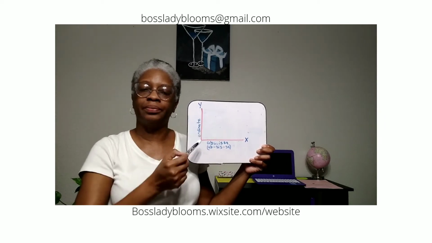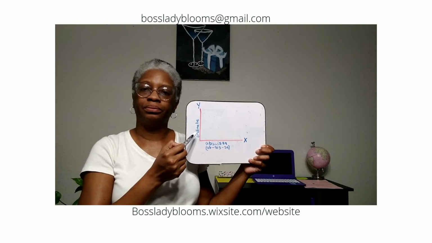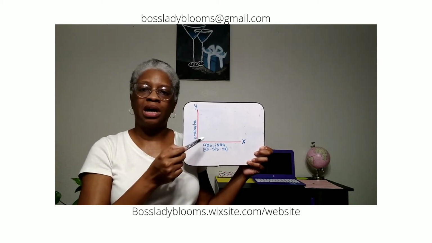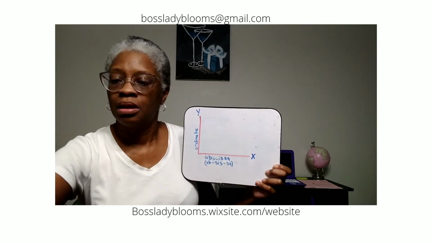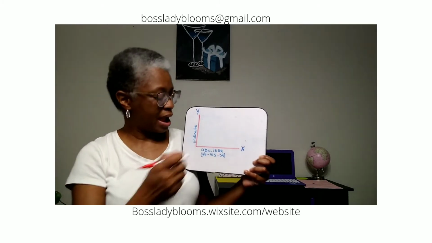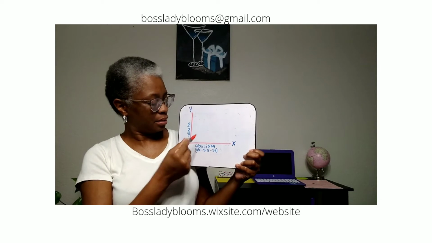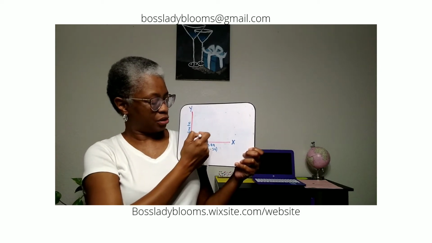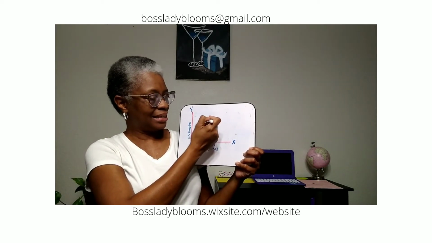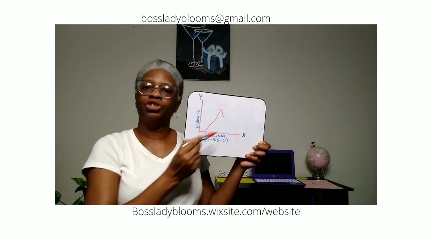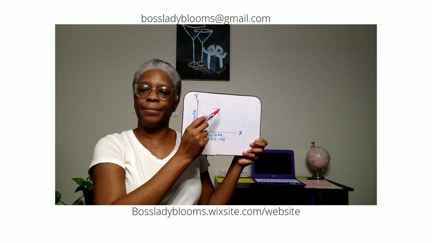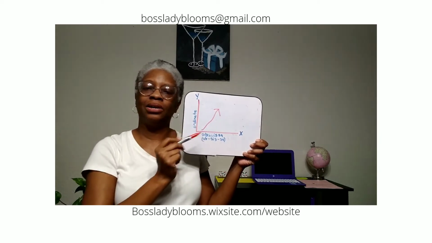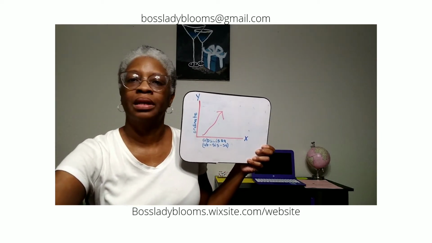Over here will be the behavior. Now, we talked about last time, if the line on your graph is going up, it's ascending. So that's an upward trend or an ascending trend.